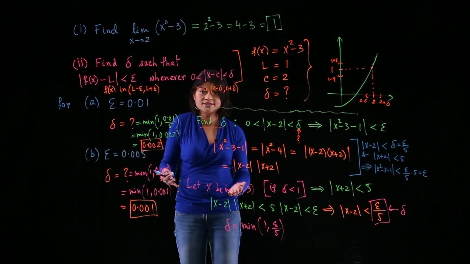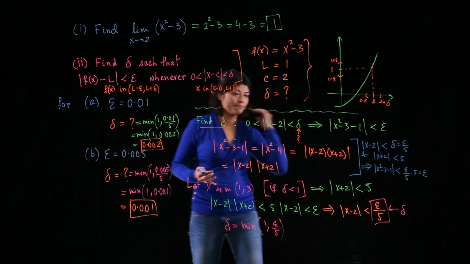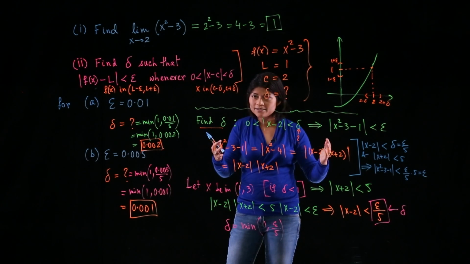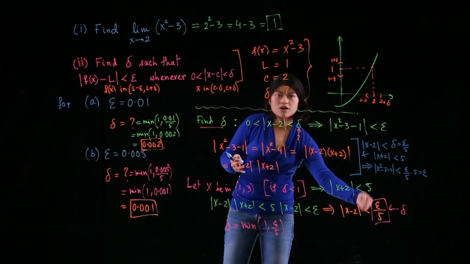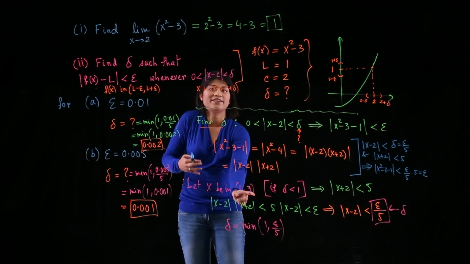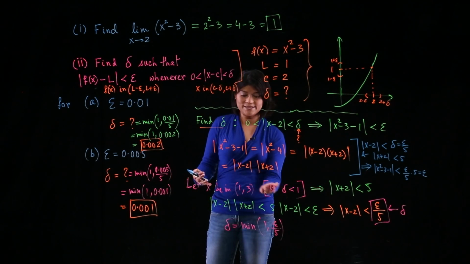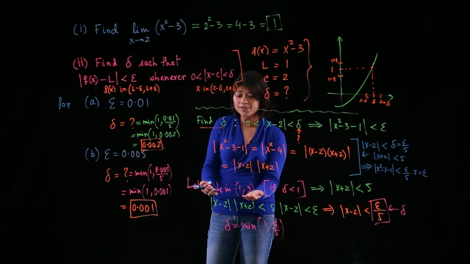Delta is not necessarily a fixed quantity for a given epsilon, because if this works for a certain delta, it will work if you make the delta smaller as well. So it's not fixed, but it is very standard to choose delta equals 1 because it's easy to handle. So that's why I chose that particular delta value here.